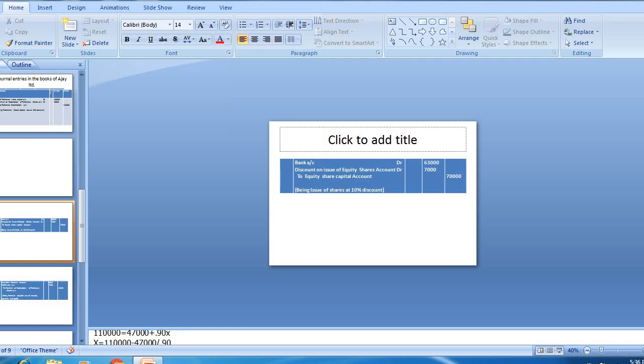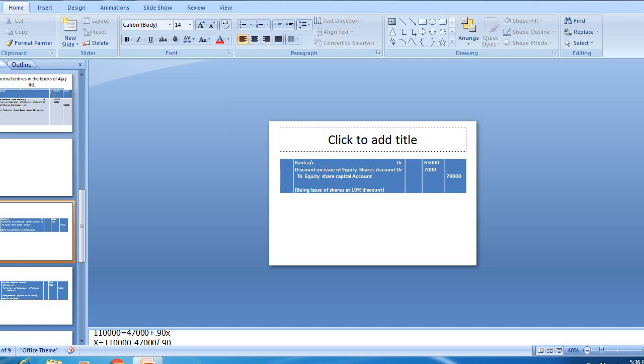Then 1,10,000 is equal to 47,000, which is 27,000 of P&L plus 17,000 of general reserve plus 3,000 of securities premium. 47,000 plus 0.90x. X is equal to 1 minus 10% of x.